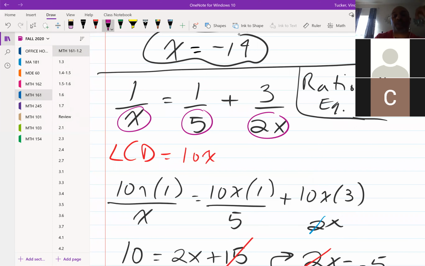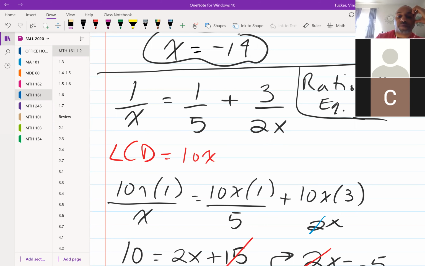Remember, we're talking about the smallest expression that x, 5, and 2x can divide into evenly, and that's going to be 10x. 5 times 2 is 10, and then that 1x will be the expression that all three can divide into evenly. And then we're going to multiply each numerator by that 10x. So we have 10x times 1 over x, 10x times 1 over 5, 10x times 3 over 2x.